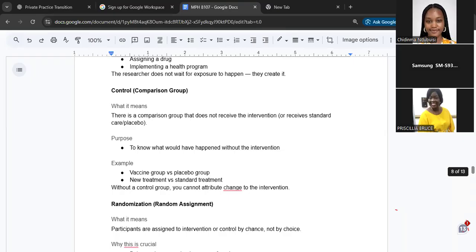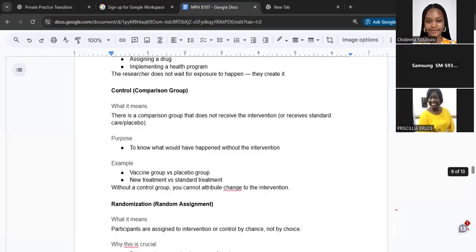At the end of the day, we realized that only 5 kids in group A developed the disease, but in group B there were like 30 kids that developed the disease. And then we can say, the vaccine worked. The vaccine was what caused the change.